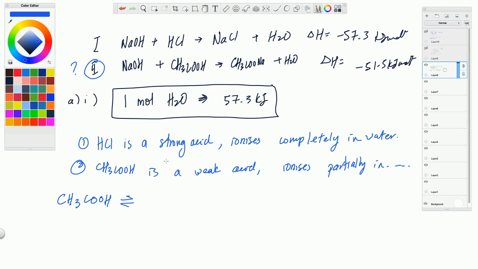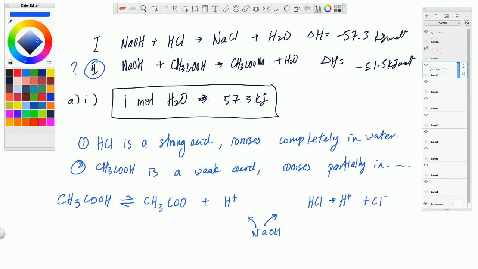When it ionizes, it forms CH3COO- ion and hydrogen ion. When hydrochloric acid ionizes, it also forms hydrogen ion. When you add alkali to neutralize it, you are adding NaOH.